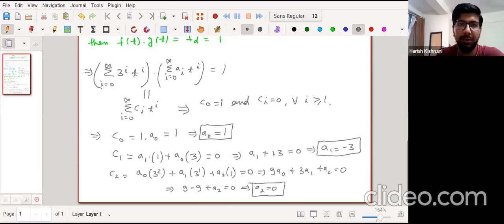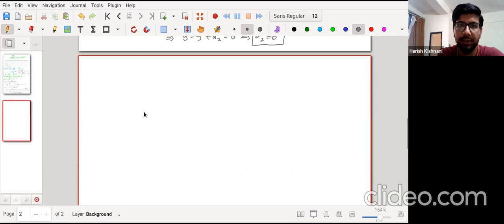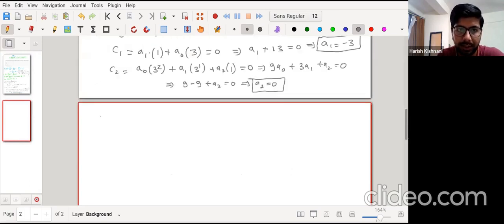Okay, so what can you say now for other coefficients? I will calculate C3, then through induction you can find the value of Cn. So C3 is going to be A naught times 3 cube plus A1 times 3 square plus A2 times 3 plus A3 times 1, and that is equal to 0.